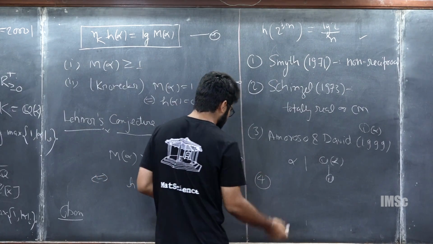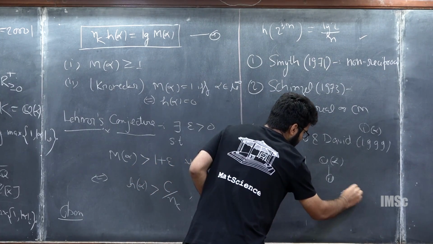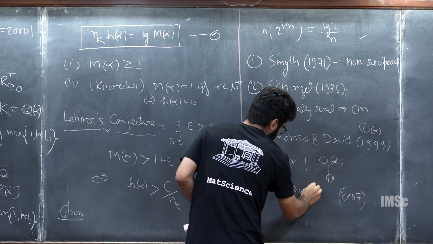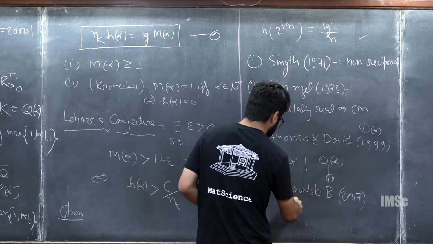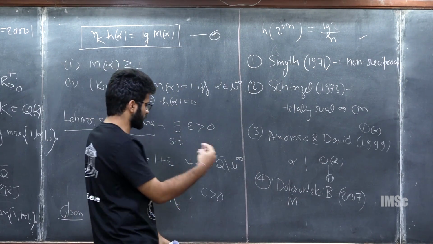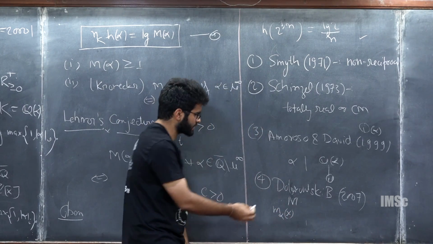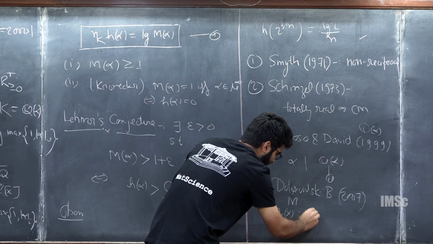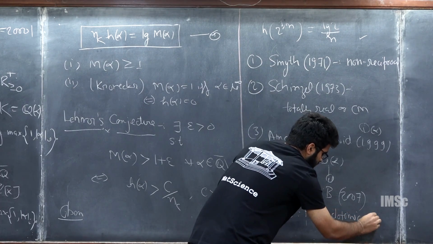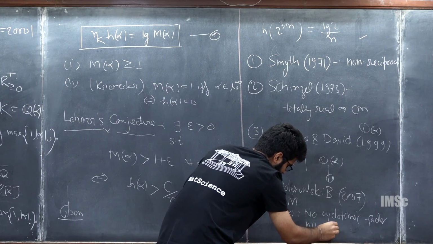And the recent result, the major breakthrough in 2007, is due to Dobrowolski and Borwein, Dobrowolski and Mossinghoff. They proved Lehmer's conjecture for the family of alpha where the minimal polynomial m_alpha(x) doesn't have any cyclotomic factor and all the coefficients are odd.